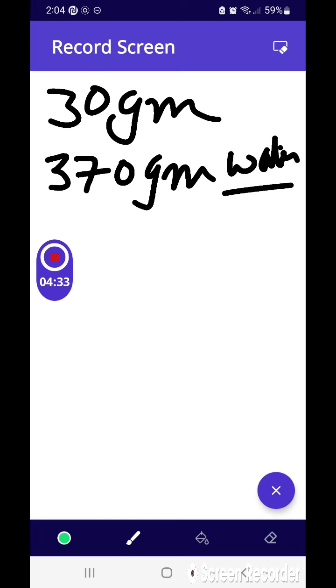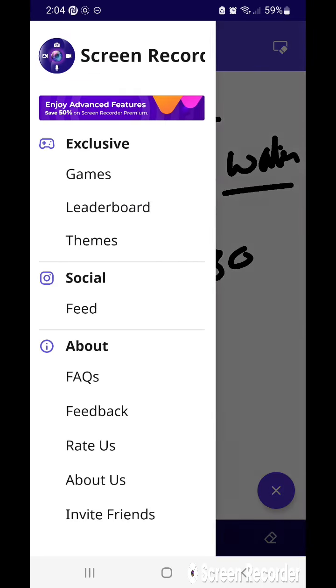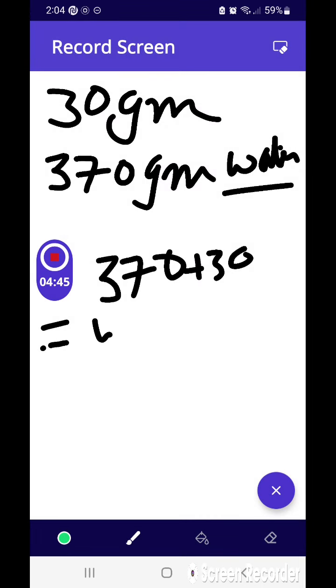So in this case, what we'll do is 370 plus 30, which gives us 400. But if the question had stated that it is dissolved in 370 gram of solution, then we would not add 30 to it.